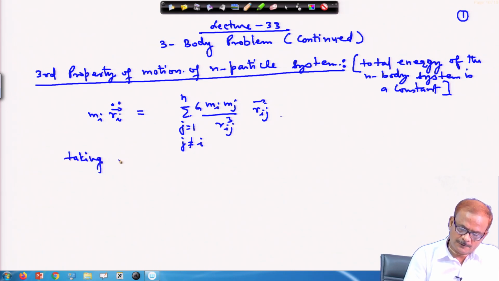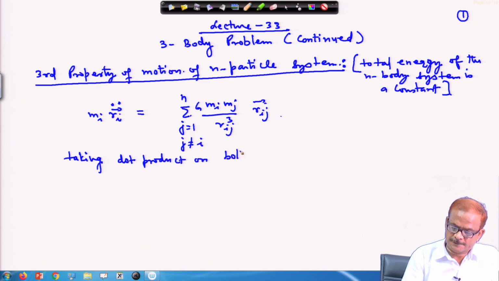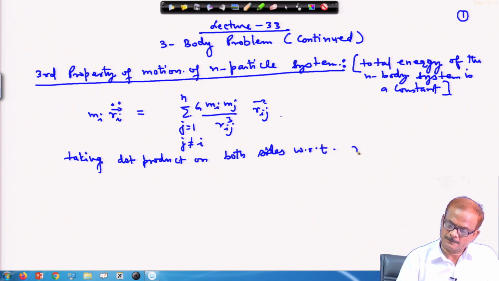Now we are taking the dot product on both sides with respect to r I dot.